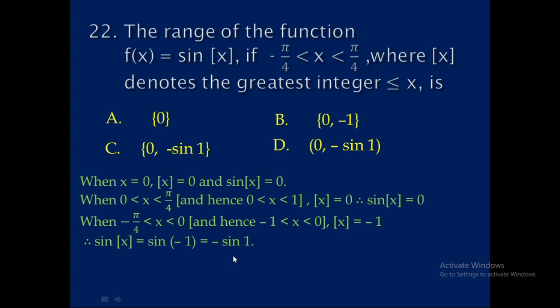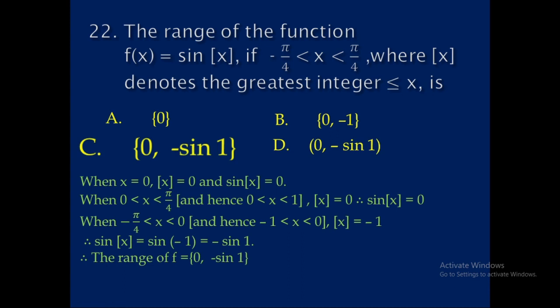And if x equals 0, the image is 0. Therefore, here only two images, 0 and minus sine 1. Therefore, the range of this function f is the set containing only two values, 0 and minus sine 1. Therefore, the correct option is 0 and minus sine 1.